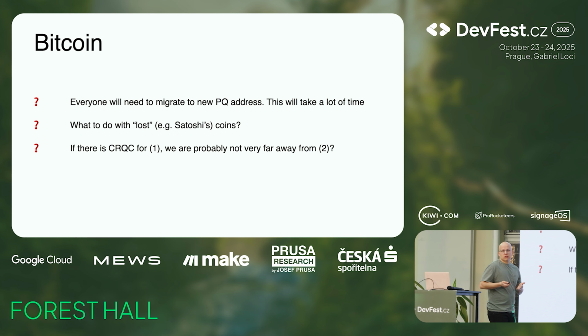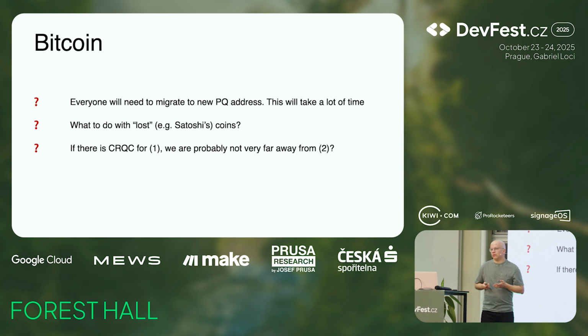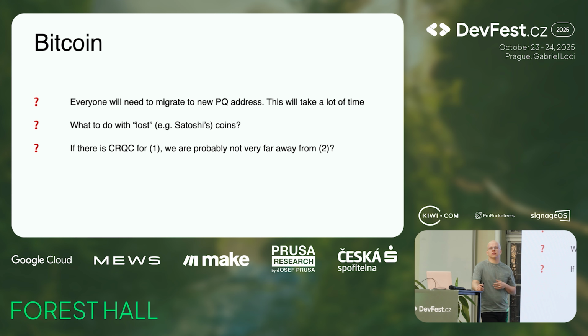This is going to take quite some time. So we need the community participation, or the users' participation, on that. Secondly, what are we going to do with Bitcoin that is most likely lost?